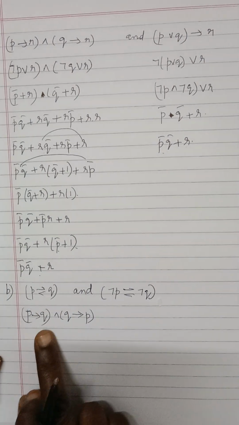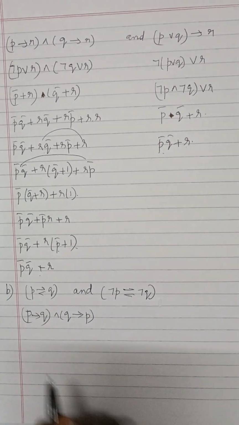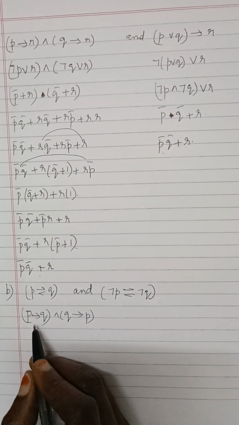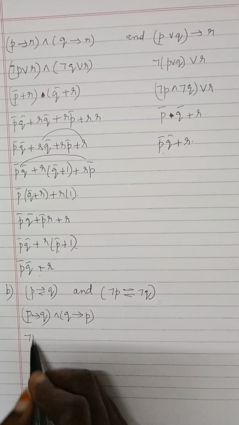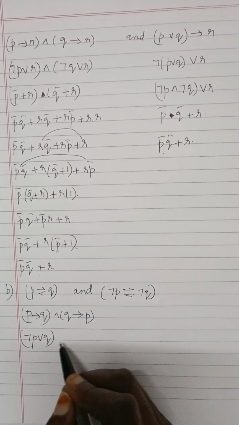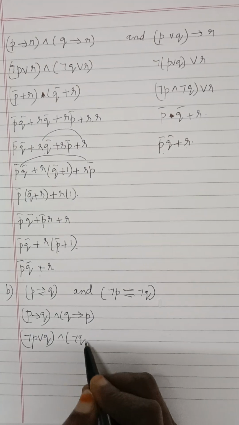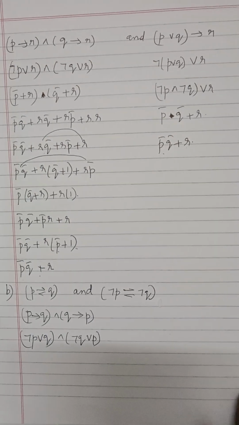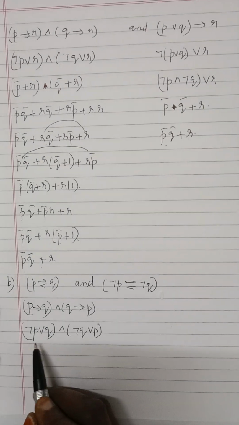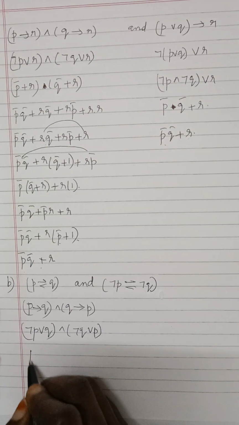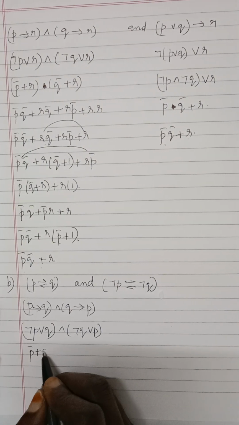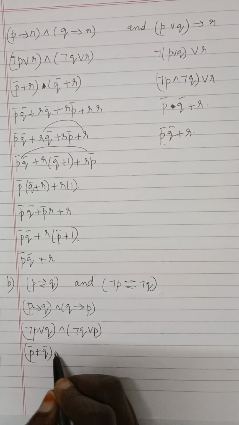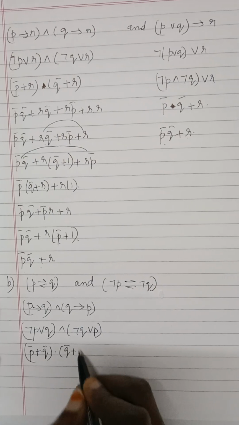Next we have to apply the formula: not P or Q, and not Q or P. Now convert the form: P bar plus Q, into Q bar plus P.